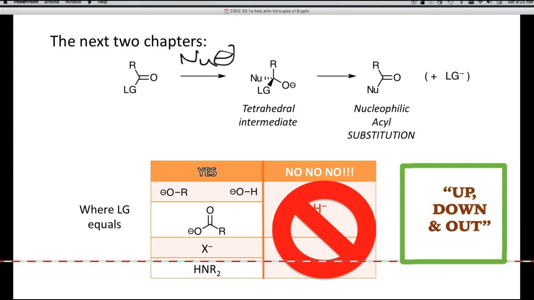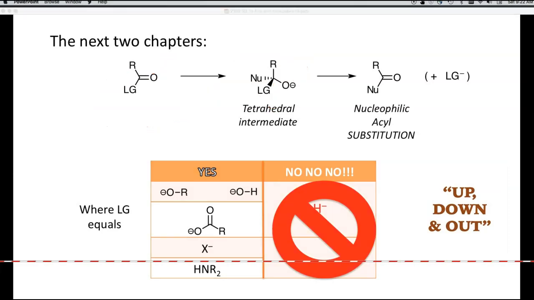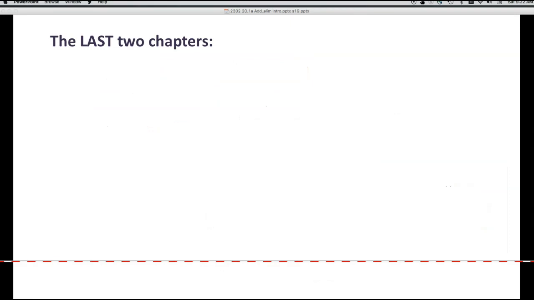is the up. Up go the electrons on the oxygen. The electrons come back down and kick out the leaving group. And that's it. Alright, so the last two chapters were not up, down, and out. There was no out to it.